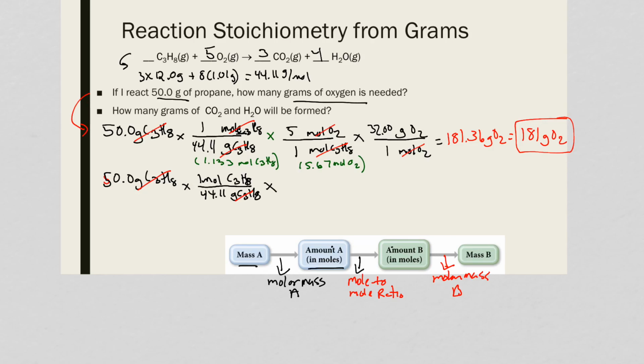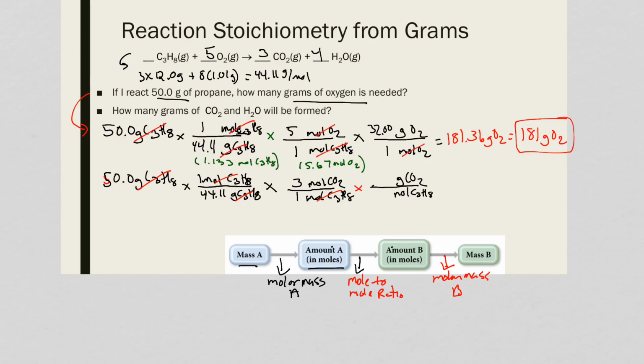So let's do CO2. My target here is CO2. So I need my mole to mole ratio between moles of CO2 and moles of C3H8. For my balanced equation, it's 3 moles of CO2 for every 1 mole of C3H8. And so my last step here is to put this in terms of grams. I'm going to need my molar mass, my grams of CO2 per mole of CO2.